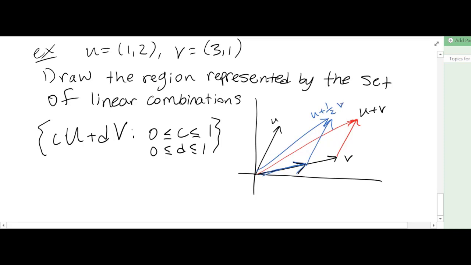You could use that scalar d all the way between 0 and 1, so you can get any vector here. You can put it there, you can put it there. So you get all those vectors. Basically you're getting that whole parallelogram, right? That's the shaded region. That's the region represented by that set.